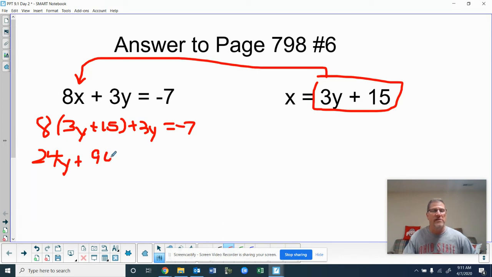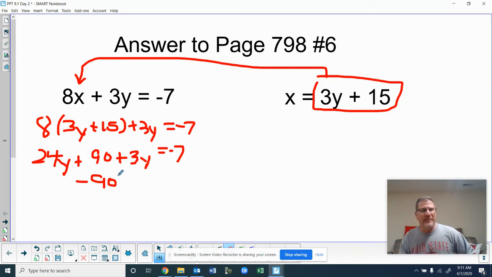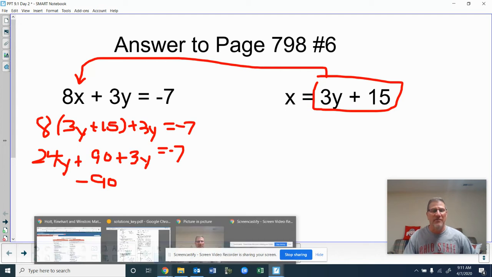Hopefully my calculator that God gave me is working. Plus 3y equals the -7. And then I'm going to take the 90 to the other side. Wait a minute, that's not 90. My calculator is not working.